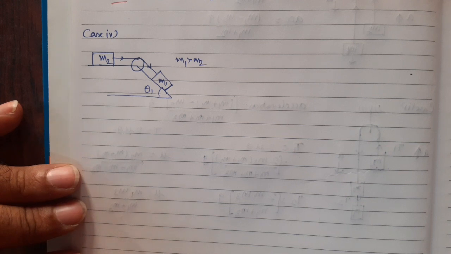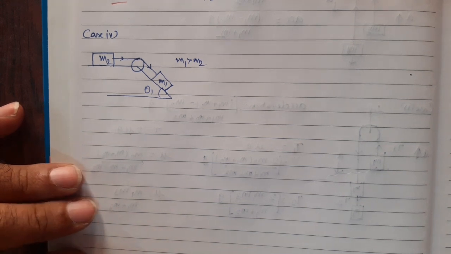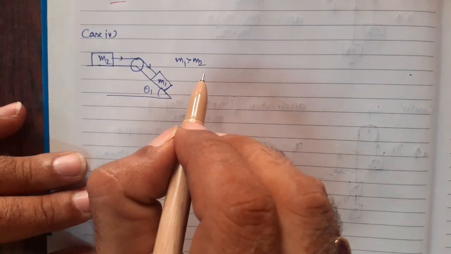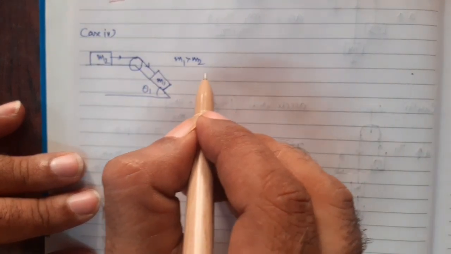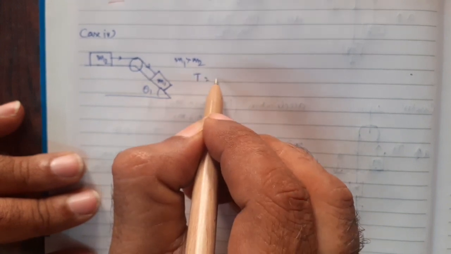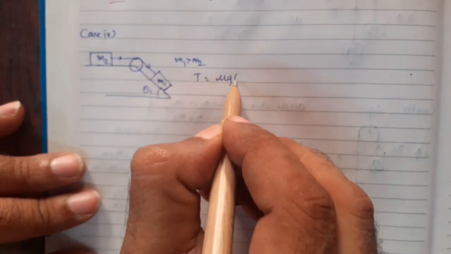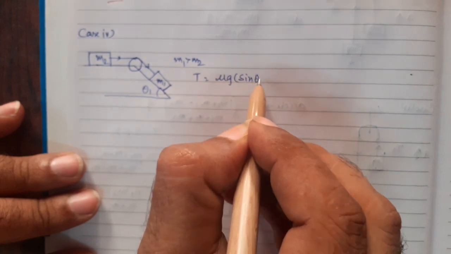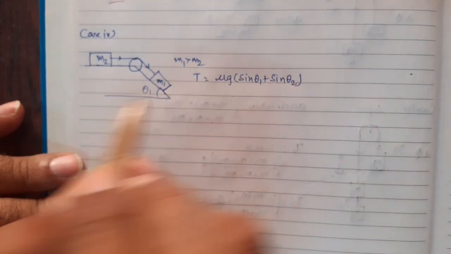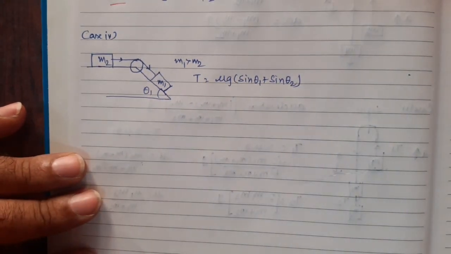Now what about the tension in this string? Here T is equal to mu g times (sine theta 1 plus sine theta 2). This is the basic equation we are considering.